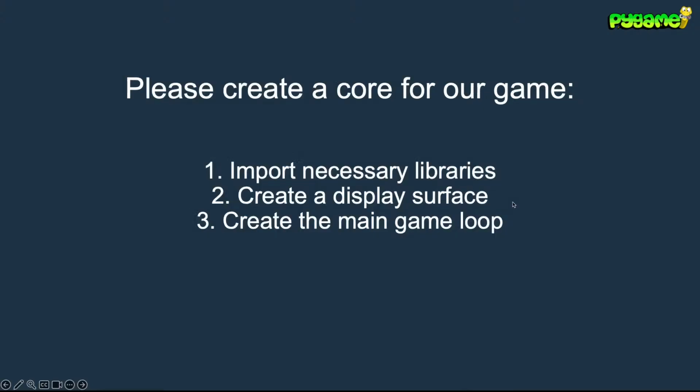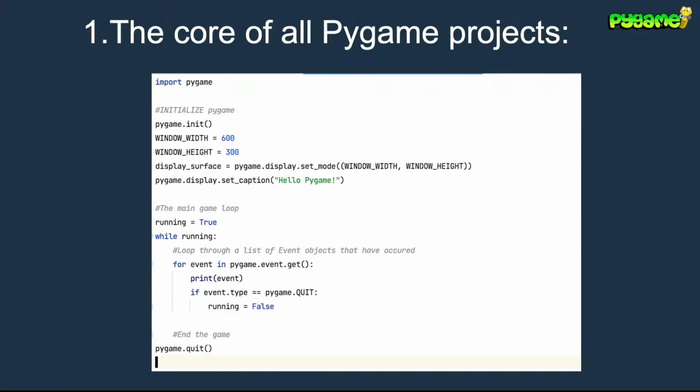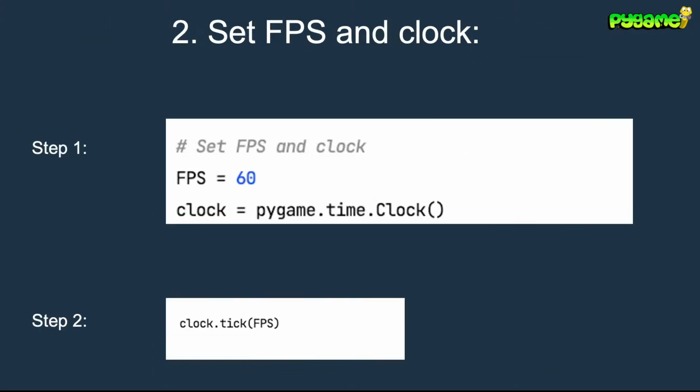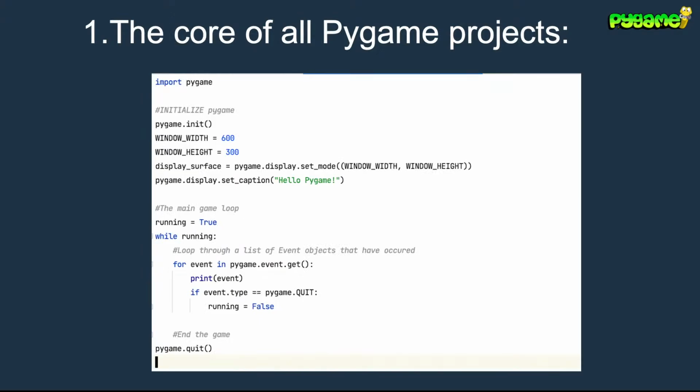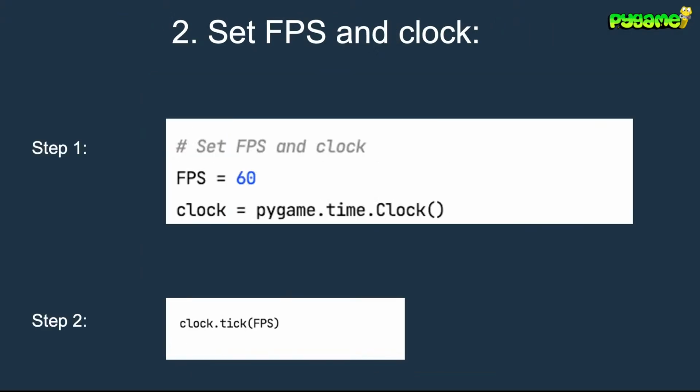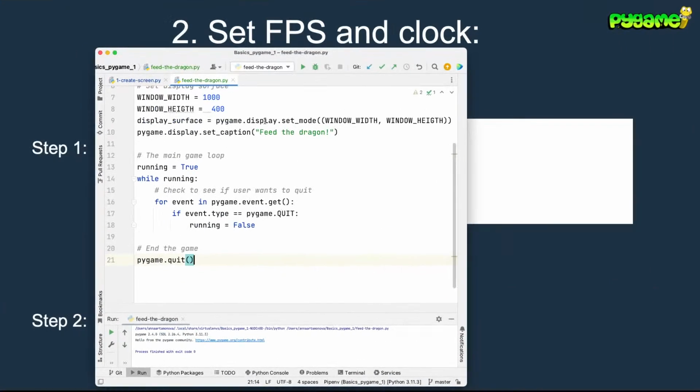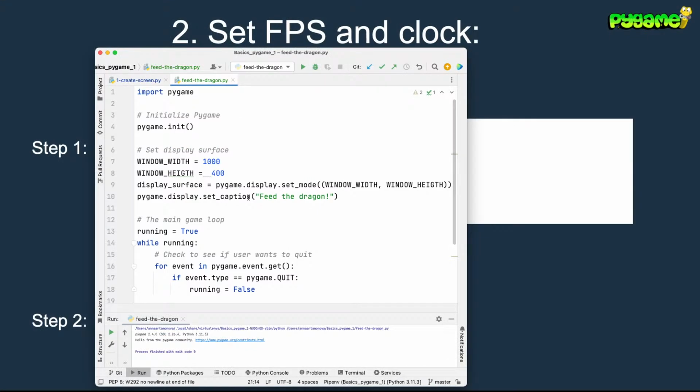After that, we are going to set the FPS and clock. In order to change the fill color, you need to define the color first, and then fill the color inside our main loop.